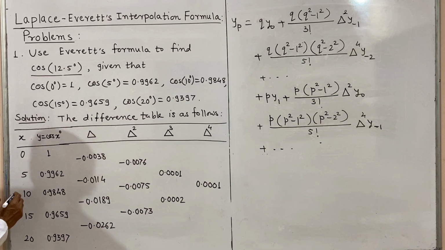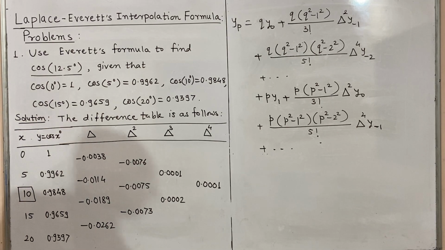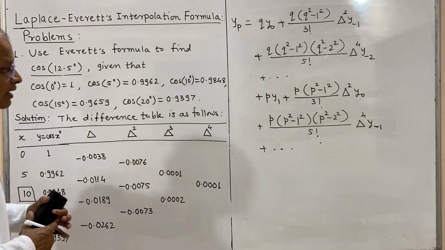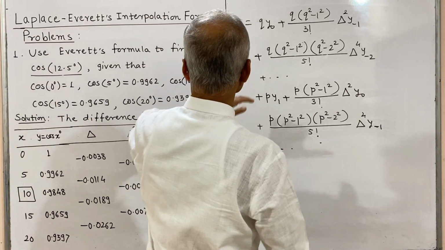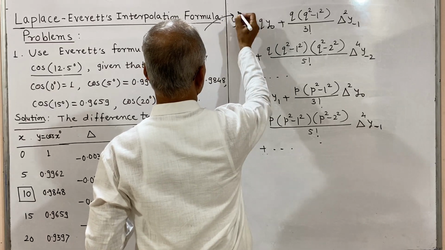So we take this value as x naught, this will be x1, and correspondingly this will be y naught, and this will be y1, and so on. This is the formula, Everett's formula.